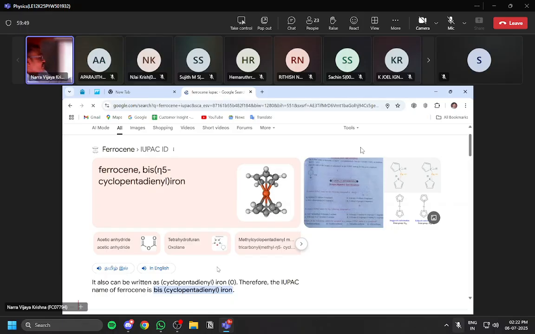Ferrocene, IUPAC name. Observe it. Bis means 2. Eta 5. Why am I writing eta 5? Pi electron donors, 5 carbons are the donors. How many such species are there? 2 species are there. That's why bis eta 5 cyclopentadienyl iron. Is it clear?